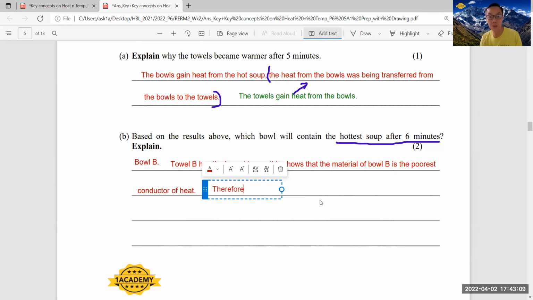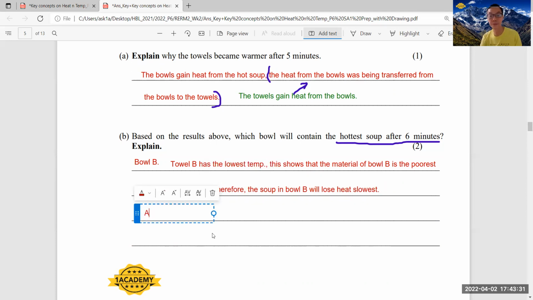Therefore, the soup in bowl B will lose heat slowest, allowing the soup inside it to have the highest temperature after 6 minutes.